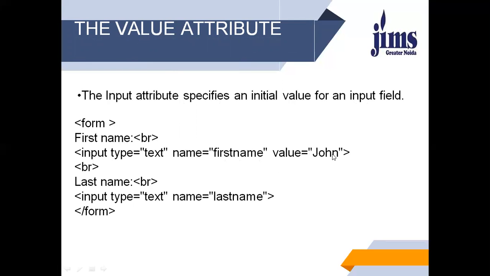So by default you are giving the initial value John. Whenever you run this, in the first text box this John value will be displayed. You can change that value also, but the initial value is set. In the other text box, last name, you have not mentioned any value, so a blank text box will appear.